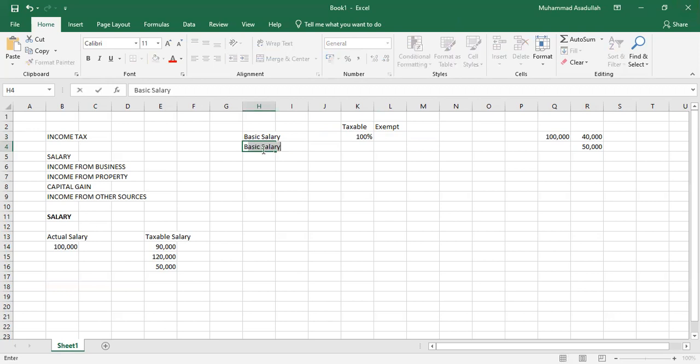The second one is a bonus. Bonus is also 100% taxable and it is not exempt. Now, the third one is the entertainment allowance.